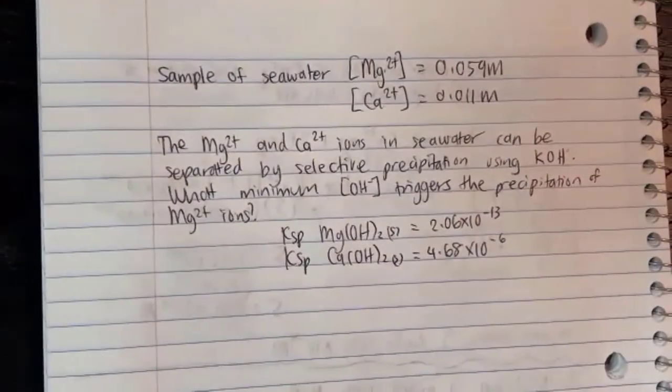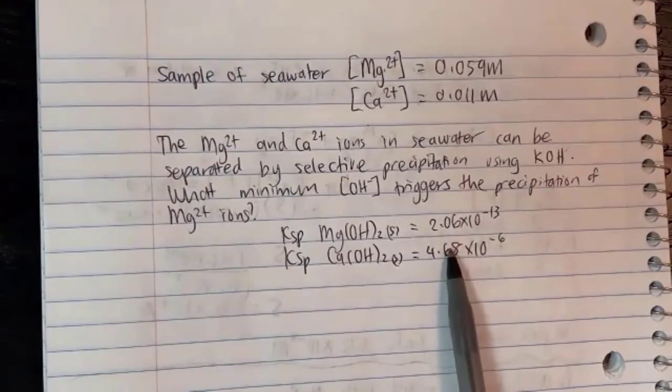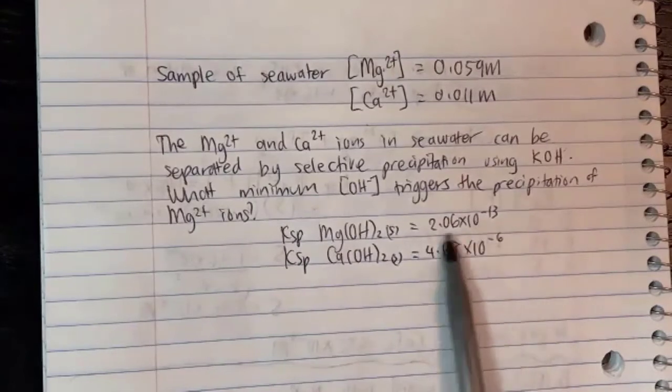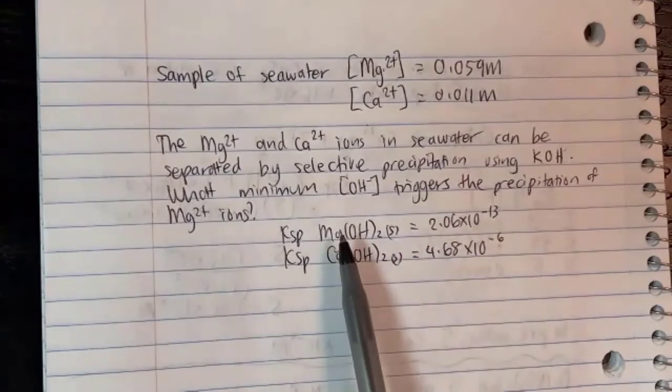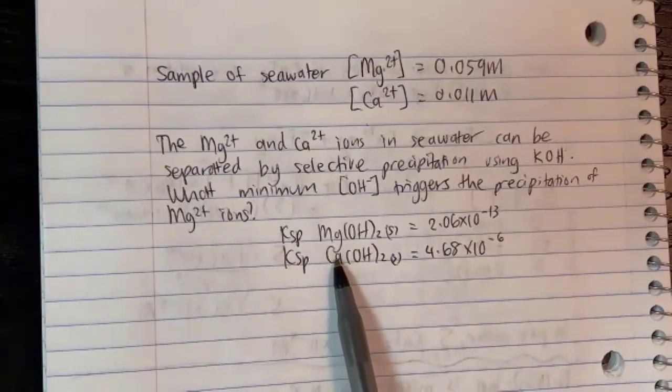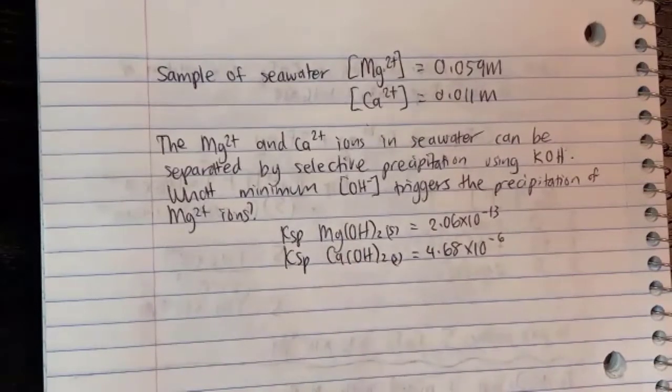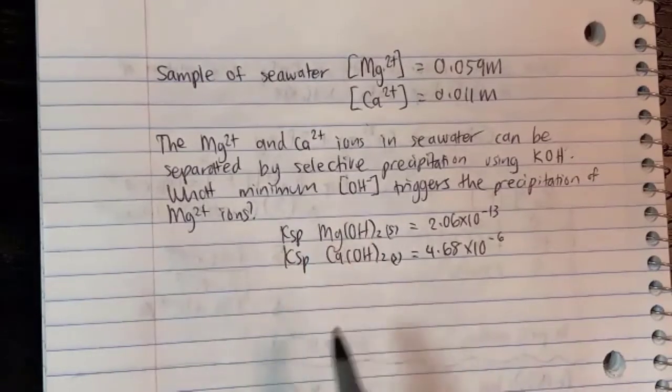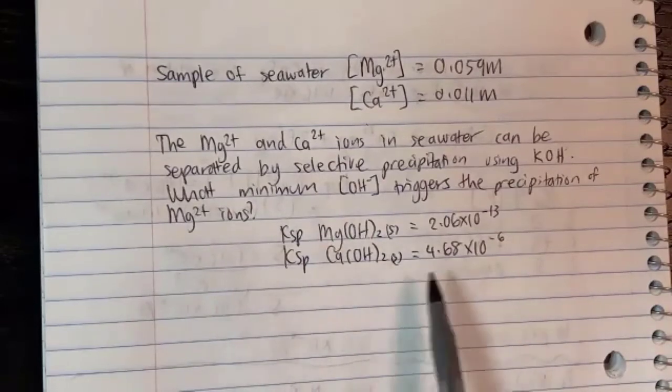See, one is a lot bigger than the other. So calcium here has a lot of ions present. Because there's the same number of ions, 1 mole of CaOH2 has 3 moles of ions, and magnesium also has 3 moles of ions, I can directly look at the KSP and tell you what the solubility looks like.